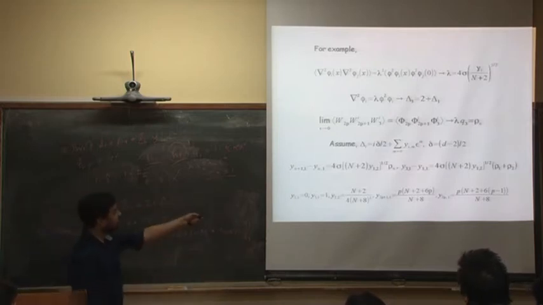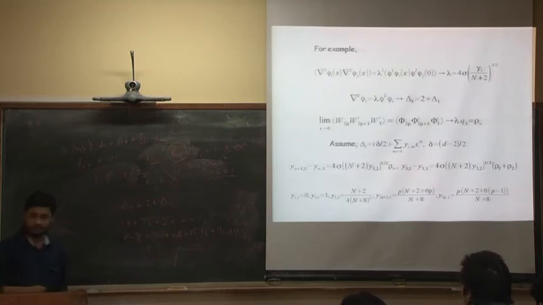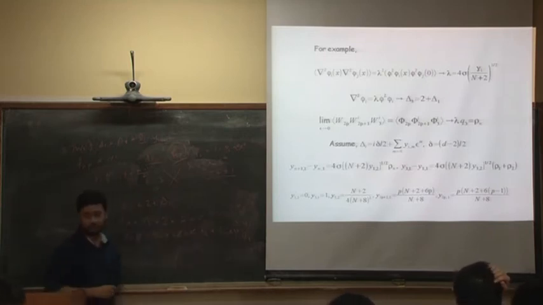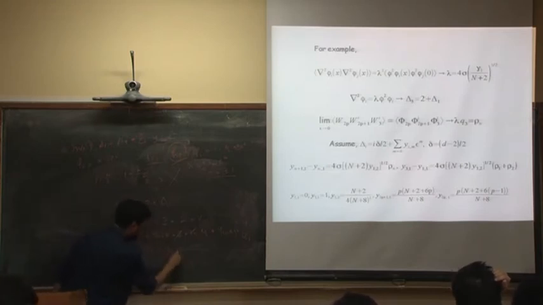I'm just using this relation. So 3, 2, 1 cancels off, and you've got two different relations for delta. That's why I said this relation is going to be important. So then you get y3,1 minus y1,1 is equal to 1.